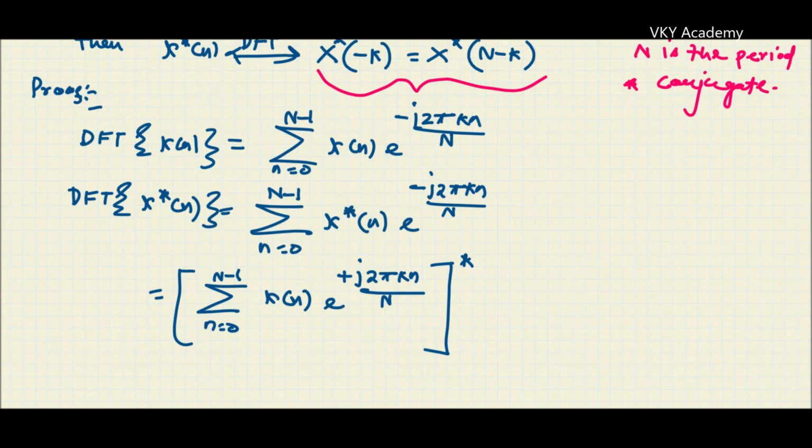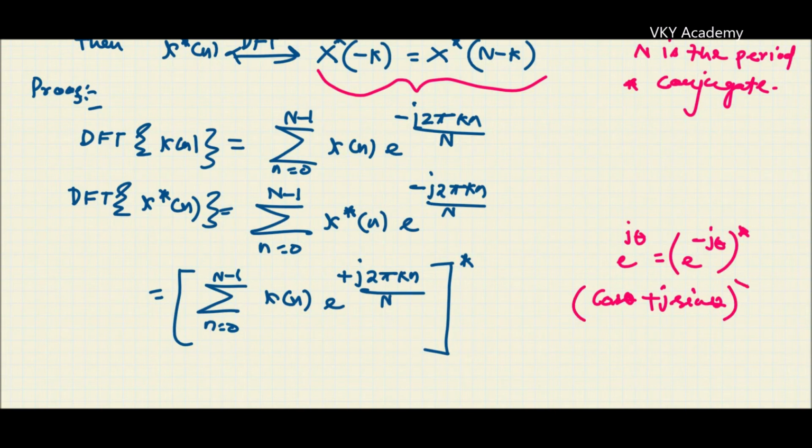Now, as we know, for a complex exponential e to the power j theta, it can be written as e to the power minus j theta conjugate, because e to the power j theta is always cos theta plus j sin theta. So the conjugate of cos theta plus j sin theta is always cos theta minus j sin theta.